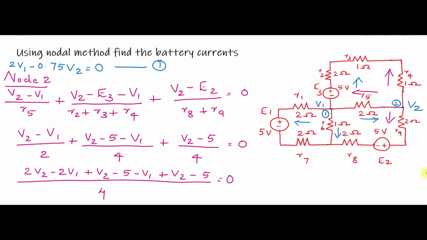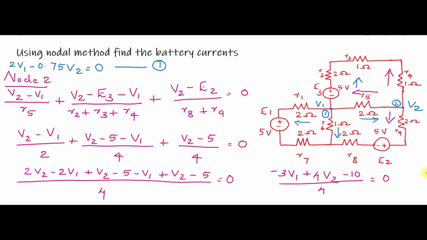Counting V1 terms, minus 3V1; V2 terms, 4V2; then constant terms minus 10, divided by 4, equal to 0.